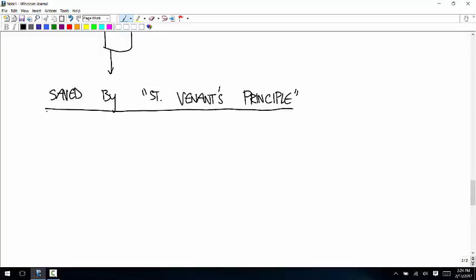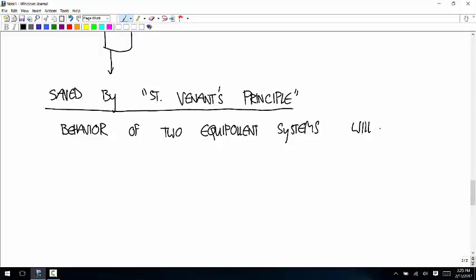And Saint Venant's principle says the behavior of two equipollent systems will be the same if you're looking far enough away from the loads.